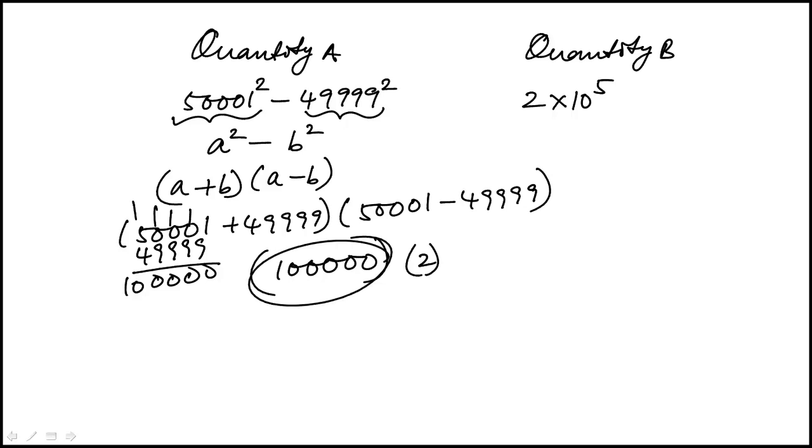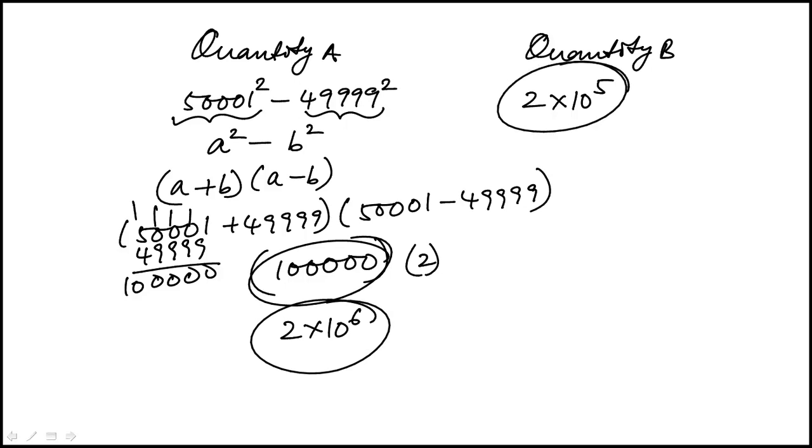And this is the same as 10 to the power of 6. So column A is 2 times 10 to the power of 6, whereas column B is 2 times 10 to the 5. So quantity A is bigger. Actually, I just noticed that I have only 5 zeros here.